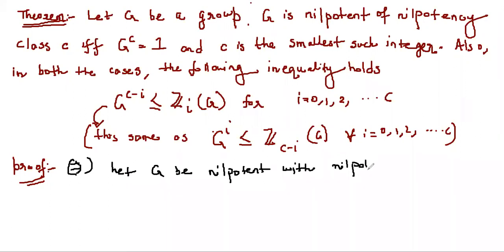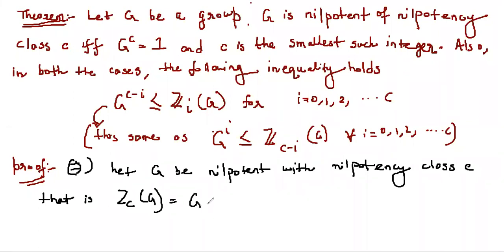Let nilpotency class be C, that is, Z_C(G) is G, and C is the smallest such integer.